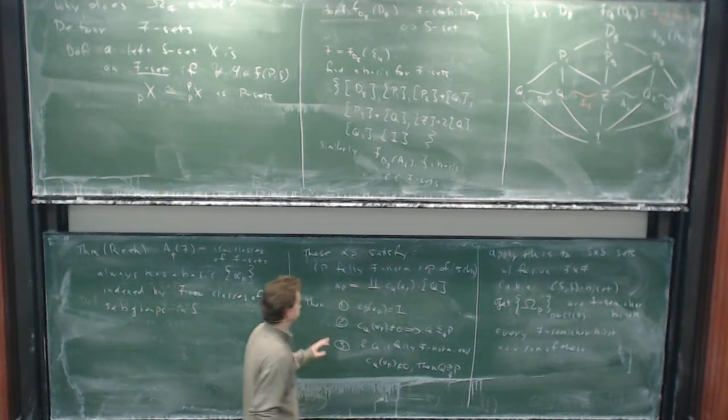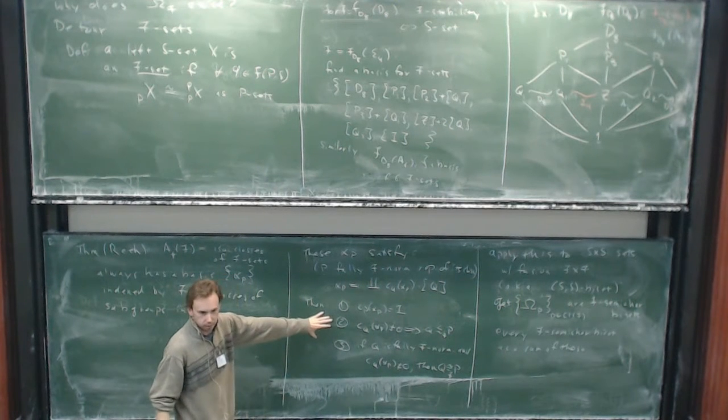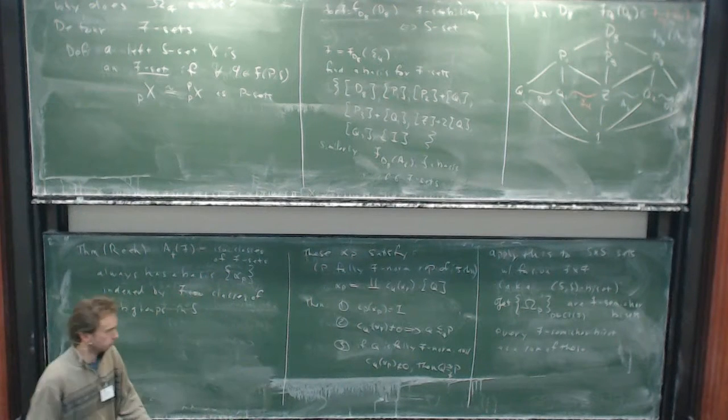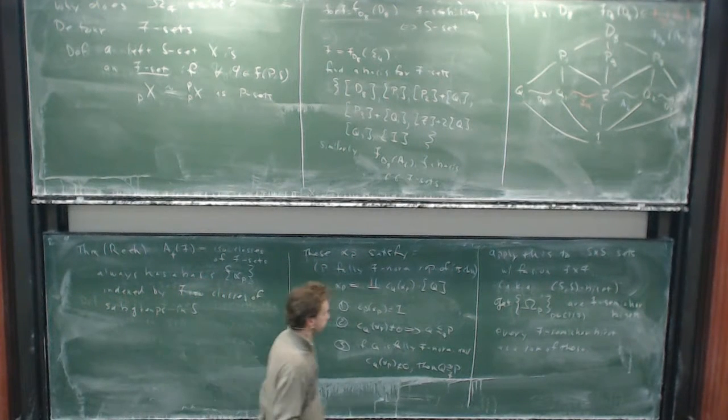This is just coming from the fact that the alpha_P are a basis for the F-sets in the one-sided case.